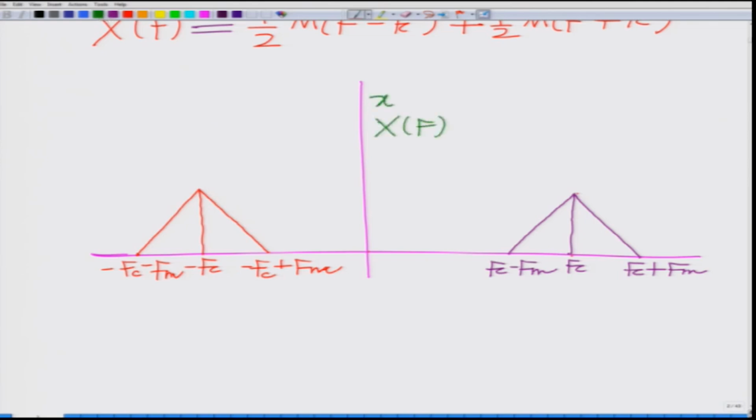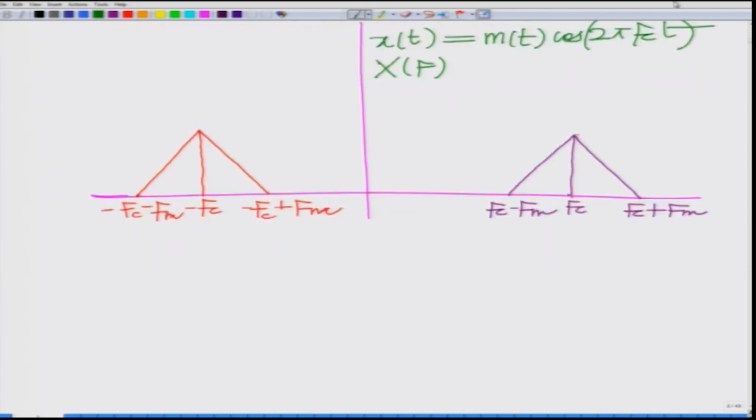So, the spectrum of X(f), where x(t) equals the modulated message signal m(t) cosine 2 pi fc t. If you look at the bandwidth of this signal, this is known as the passband bandwidth, that is the spectrum occupied on the positive frequency side by this passband signal.